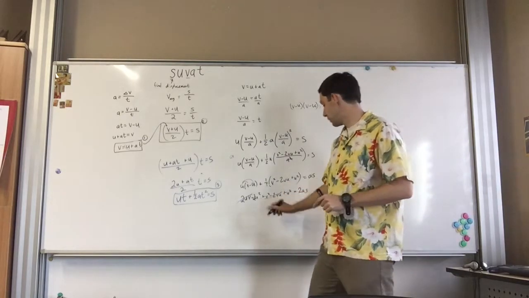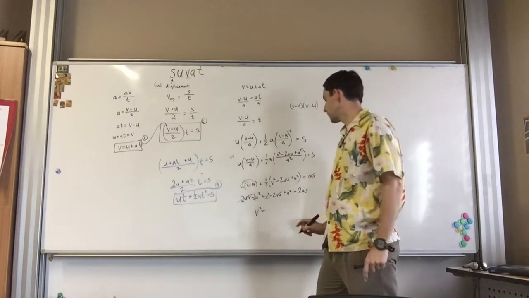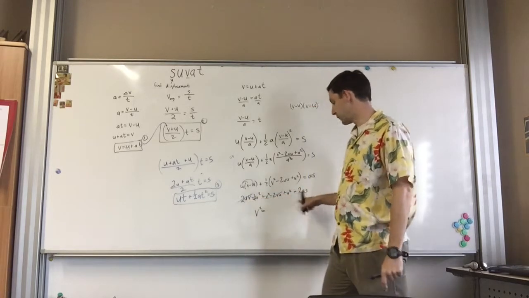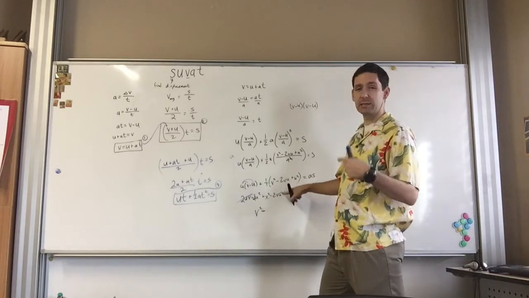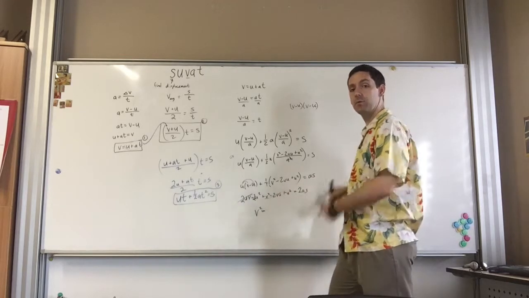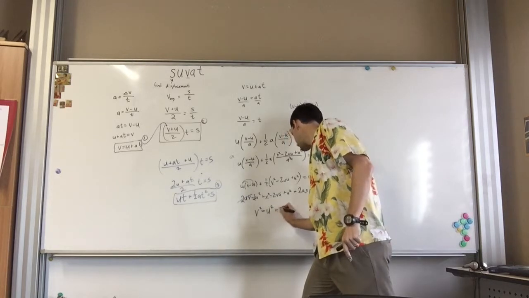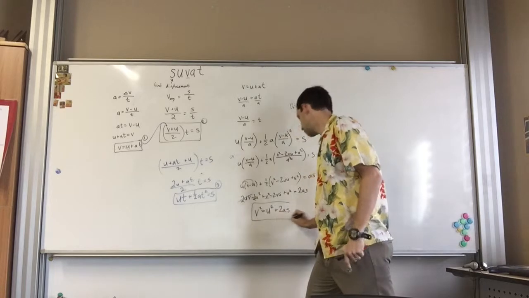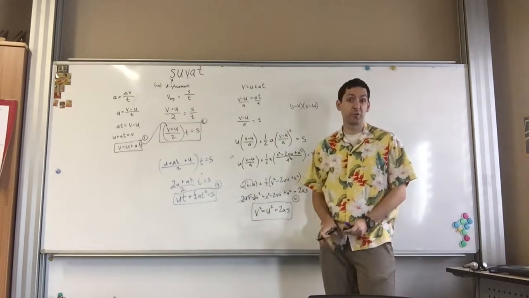If I get the v squared by itself, it'll just then be v squared equals, I'm going to need to move the u squared over, I'm going to need to move this one over, so that's a negative 2u squared, this is a positive u squared, which leaves me a negative 1 on this side. When I move it to the other side, it will be a positive u squared plus 2as. And so that right there is our fourth kinematic or SUVAT equation.